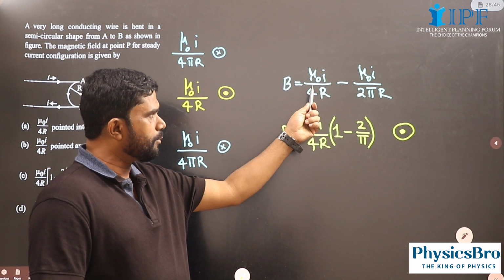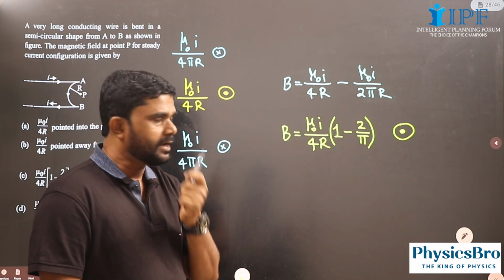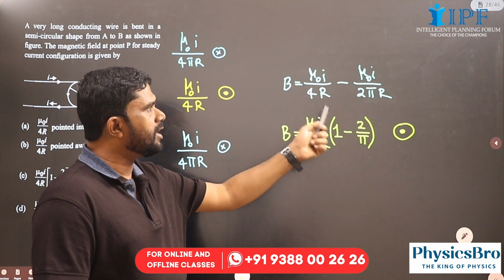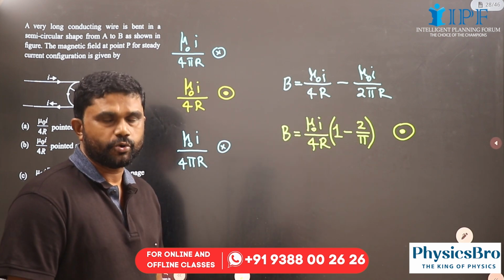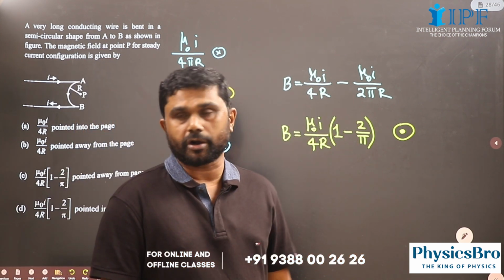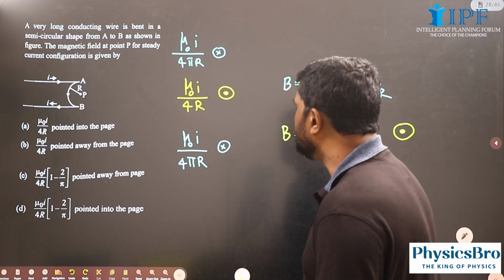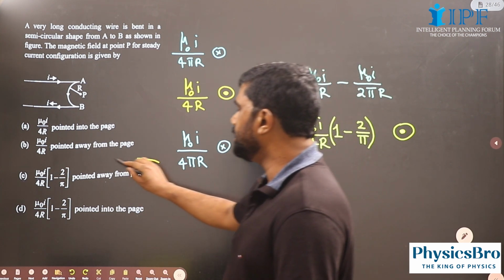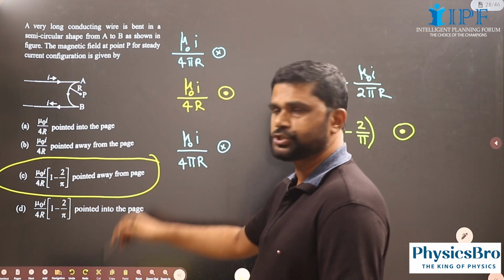Okay, this is more compared to this one. So if you take mu 0 I by 4r, what remains here? 1, and what remains here? 2 by pi. Okay, and it will be along the outward normal. So mu 0 I by 4r times (1 minus 2 by pi), pointed away from the page.